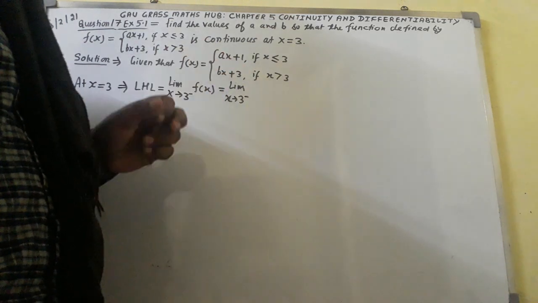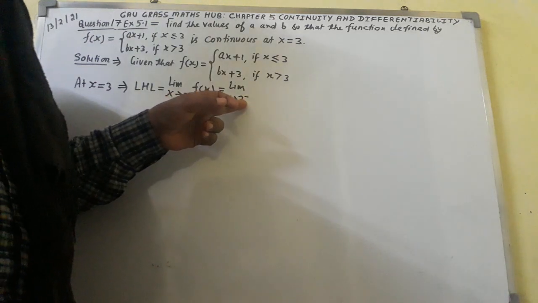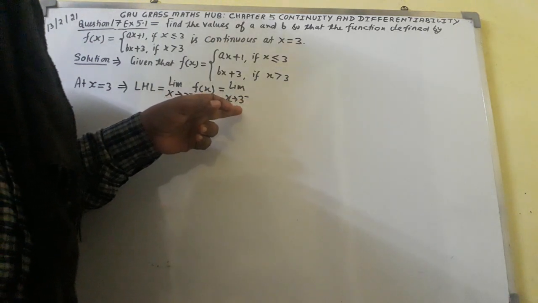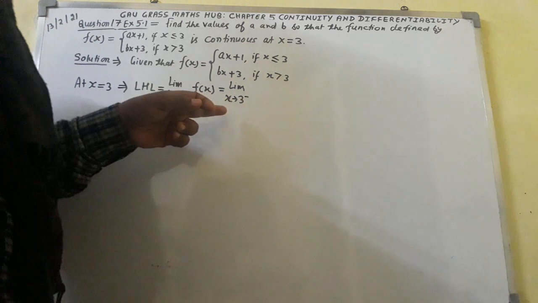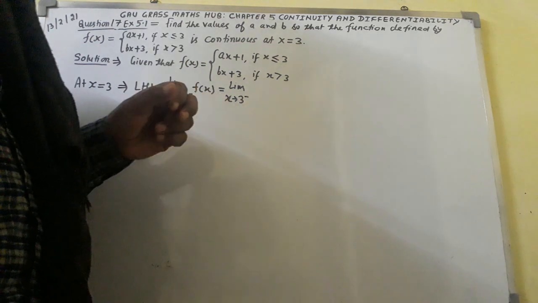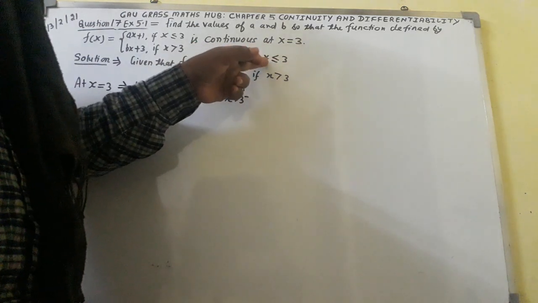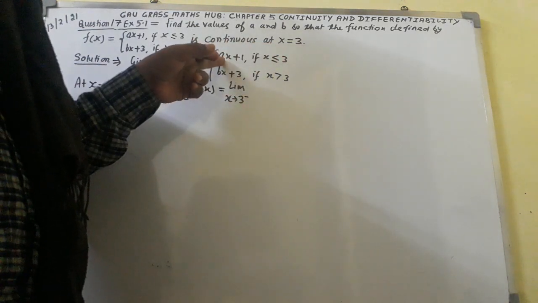In the second function x is greater than 3, but here x is less than 3. X tends to 3 negative means the value of x must be less than 3, so the first function is the one in which the value of x is less than 3.